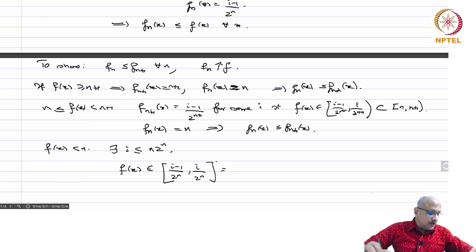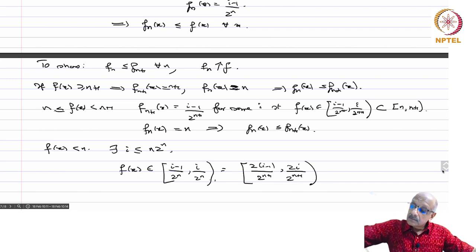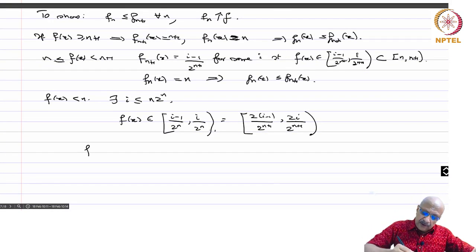But this is also equal to [2(i-1)/2^{n+1}, 2i/2^{n+1}). So what is f_n(x)? f_n(x) is (i-1)/2^n.